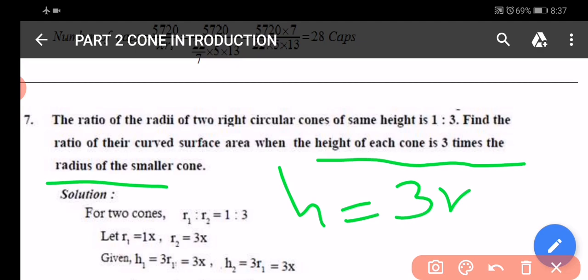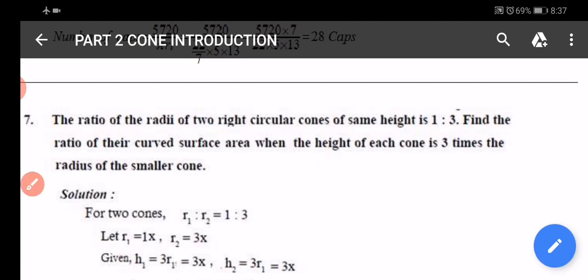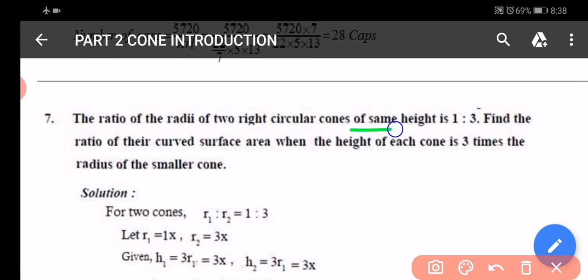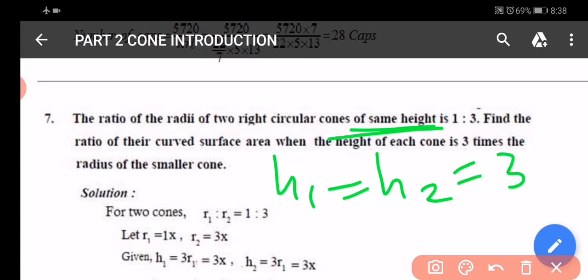But in two cones, we take the height of the first cone as h1 and the height of the second cone as h2. But in the first line, they said same height. In two cones the height is the same, that means h1 equal to h2. It is equal to 3 times its radius, that means 3r.